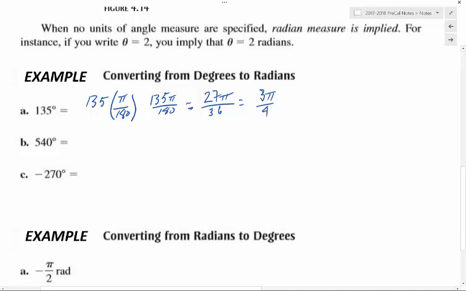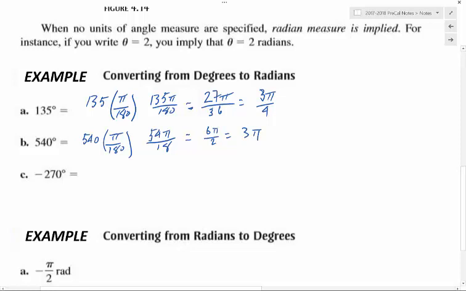For 540 degrees, 540 times pi over 180. So if I drop my zeros, I get 54 pi over 18. Let's reduce top and bottom by 9. 9 goes into 54 6 times, and 9 goes into 18 2 times, so I get 3 pi as my answer.